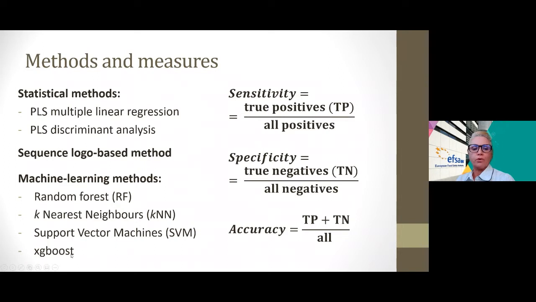The predictive ability of the derived models was assessed by the parameters sensitivity, specificity, and accuracy. Sensitivity accounts for the correct prediction of binders, specificity accounts for the correct prediction of non-binders, and accuracy accounts for both of them.